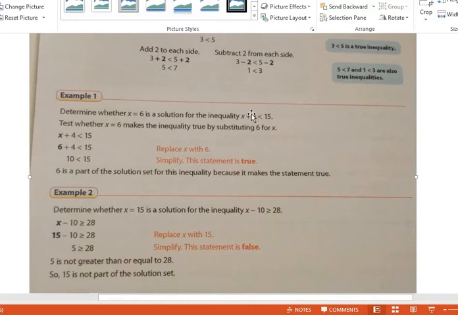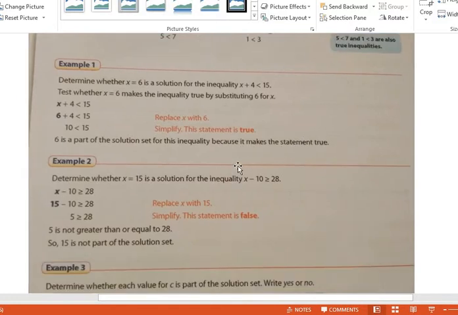We replace x with 6: 6 plus 4 is less than 15. True or false? Of course true, because 6 plus 4 equals 10, and 10 is less than 15. So 6 is part of the solution set for the inequality because it makes the statement true. Example 2.